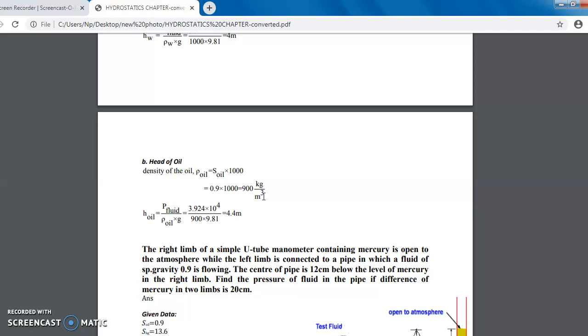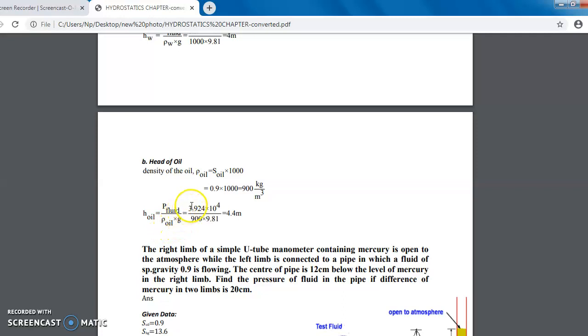Then you have to calculate the head of that oil. All of you know that P is equal to rho g h. So h, the head of the oil, is equal to the pressure of that fluid divided by the density of the oil into g.